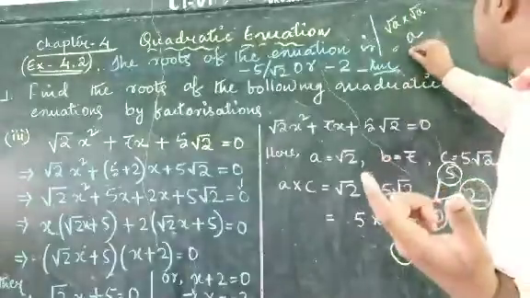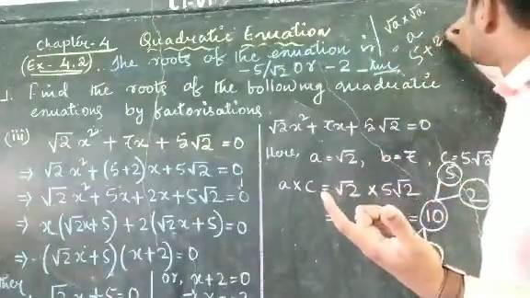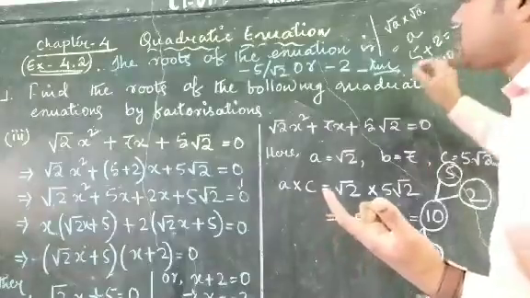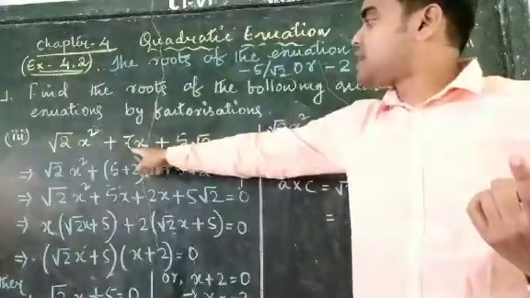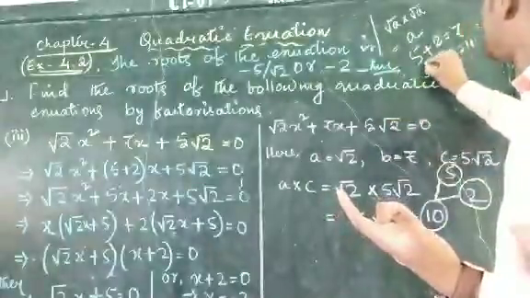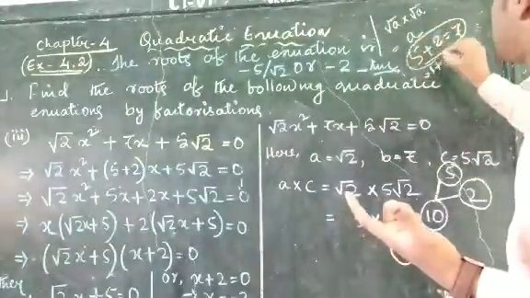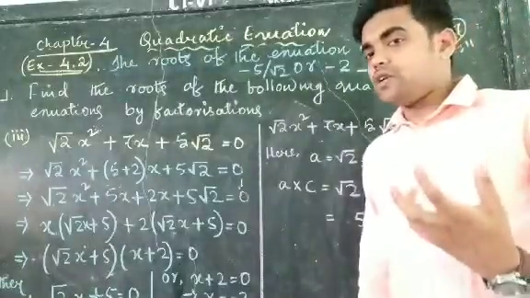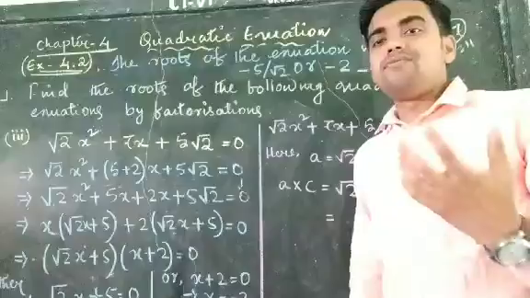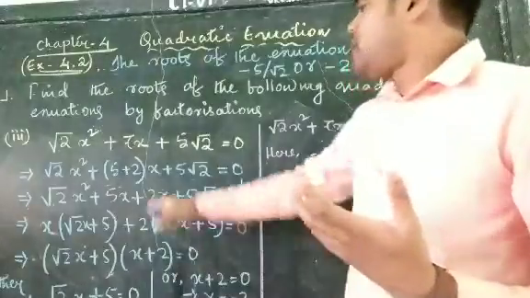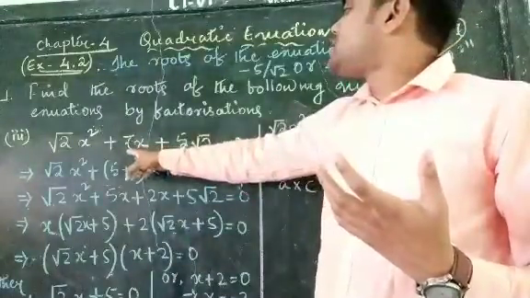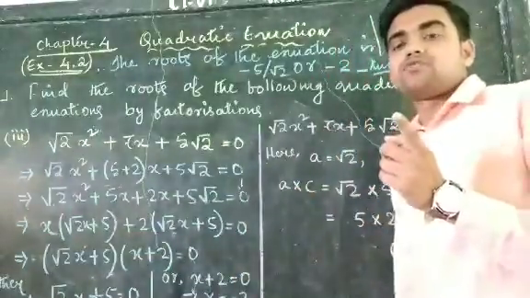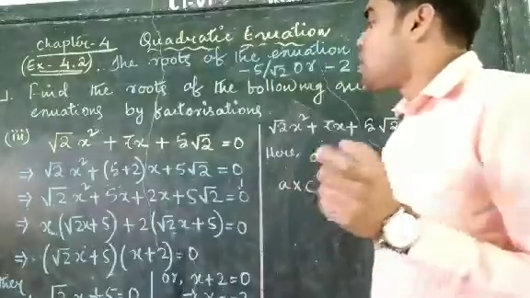So 5 and 2: 5 plus 2 is 7. 1 plus 10 is 11. Since the coefficient of x is 7, we can choose the pair 5 and 2, because when we add 5 and 2 we get 7. The pair 1 and 10 we cannot choose. We can choose only 5 and 2.